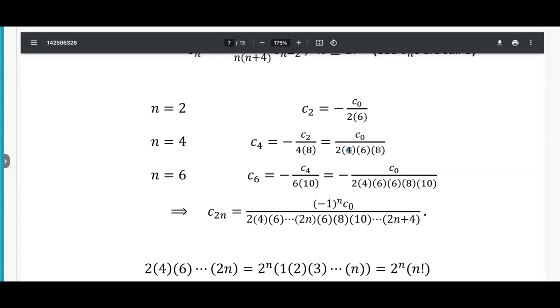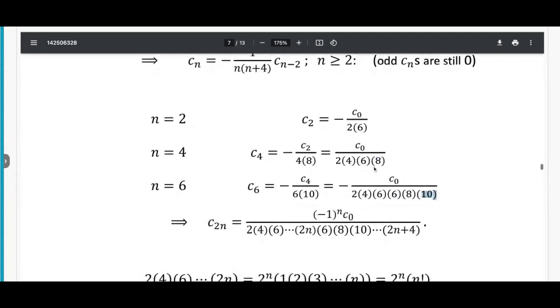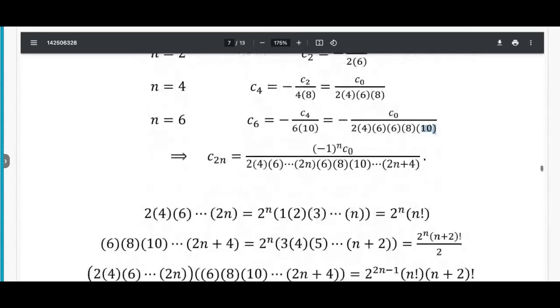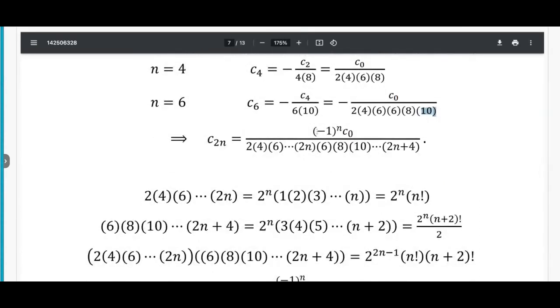Now this one added 4 and 8, and 2, 4, 6, 8, this one added 6 and 10, because every term will have n times n plus 4. So alternating, negative 1 raised to the n of C0, we have this up to 2n, then 2n plus 4 terms.